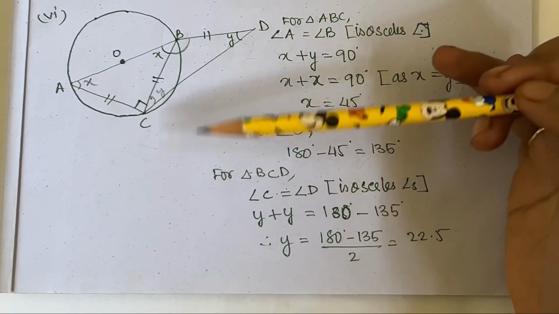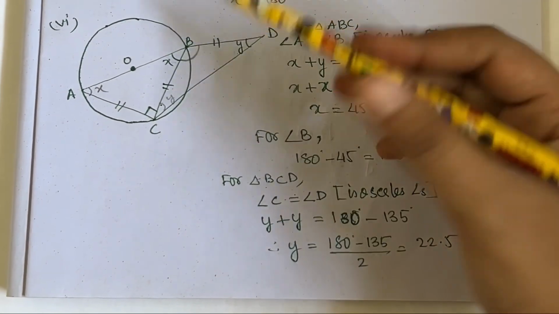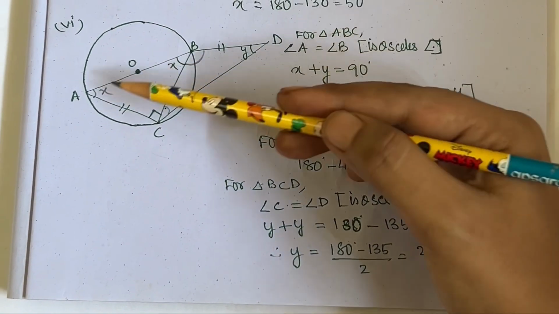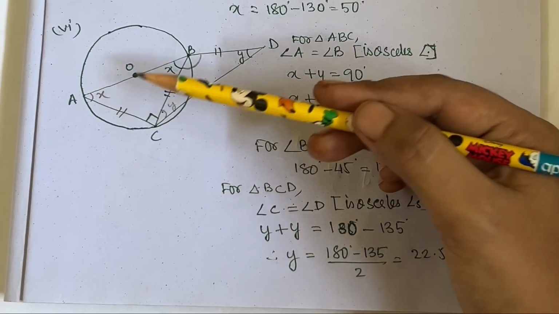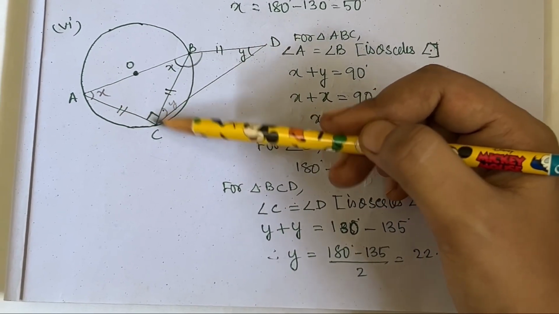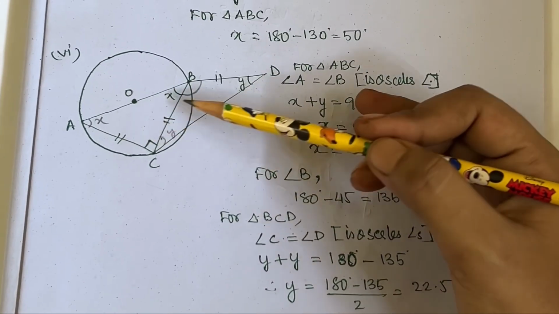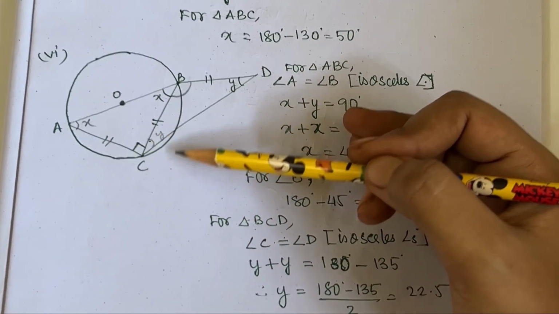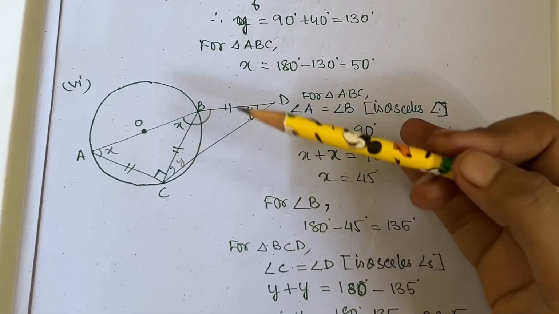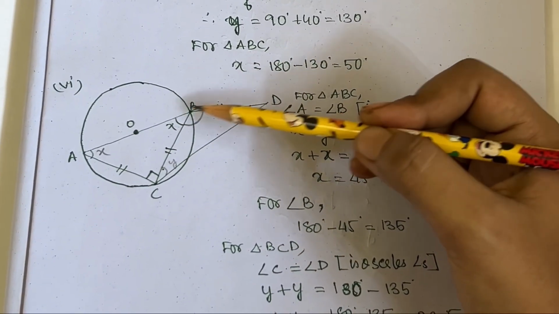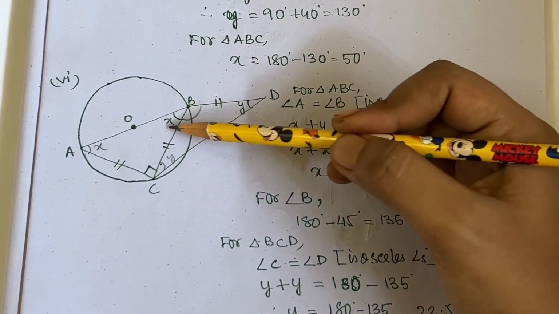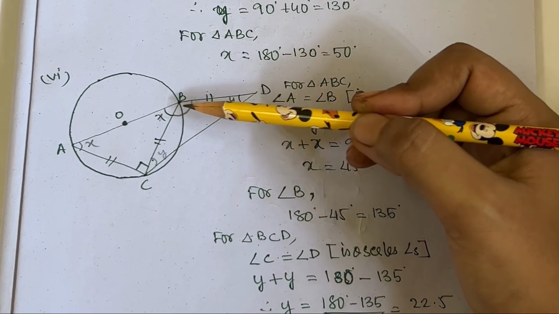As you can see, this is the figure for the sixth sum, and angle B here will be equal to angle A because they are isosceles triangle. As you can see, AC is equal to BC. So x plus x is equal to 90 degree and x will be 45 degree. Now for angle B, it will be 180 degree minus 45 because here we got x as 45.